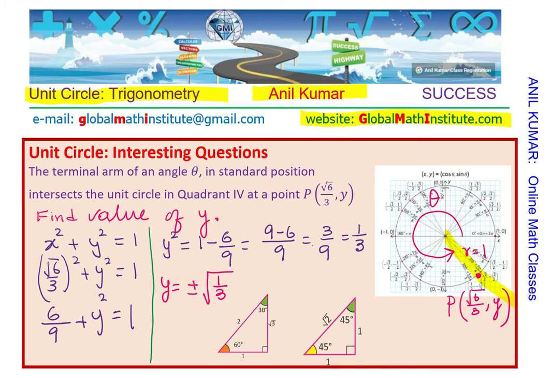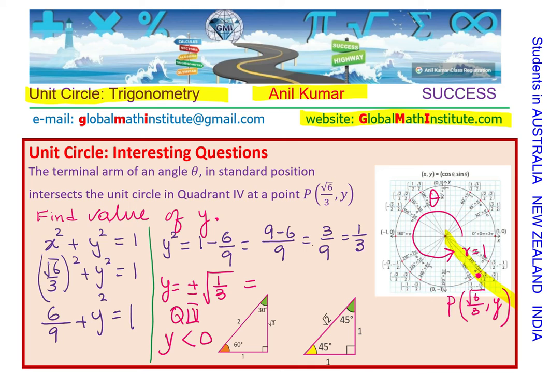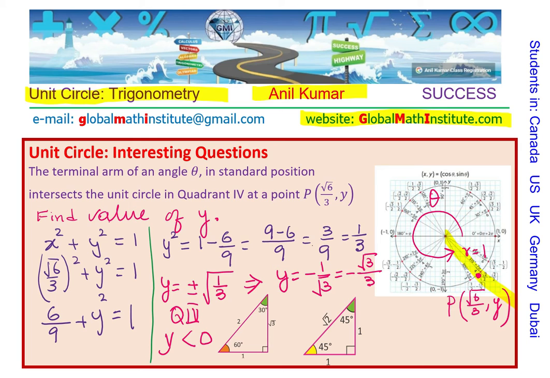Now since we are in quadrant 4, y is less than 0, right? And therefore, we are going to take the value of y as negative, right? So not positive. So this implies that y should be equal to negative 1 over square root 3, which we can also write as negative square root 3 over 3. Is that clear to you? So that is how we are going to find the value of y in this particular case.